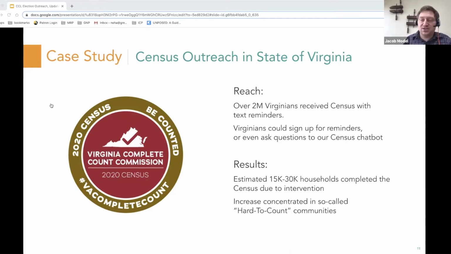What that allowed us to do was a matching exercise to ask how many households in tracts responded to the census on the days where we were doing text messaging compared to demographically similar tracts across the country. We'll present some of those results, but our estimate is that between 15 and 30,000 households responded to the census directly due to our intervention. That's above and beyond what these demographically similar tracts across the country were doing on those same days.